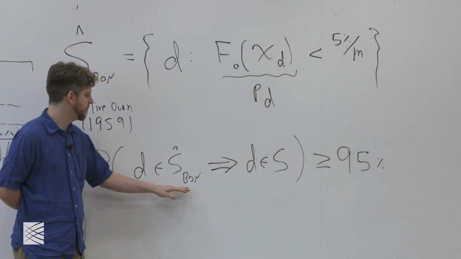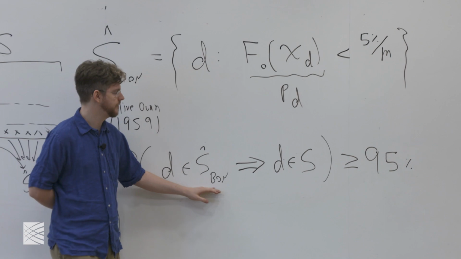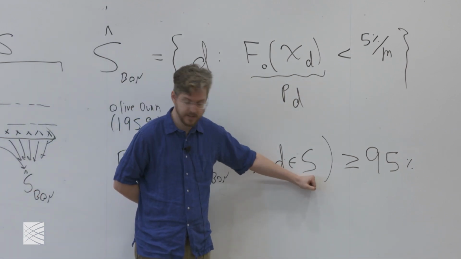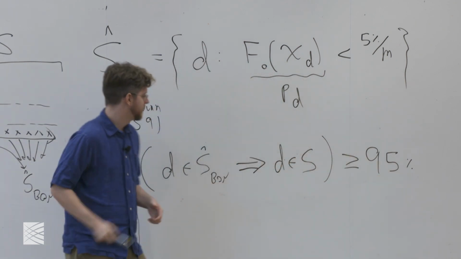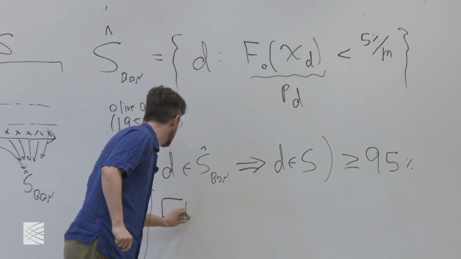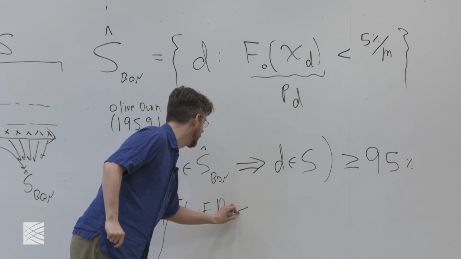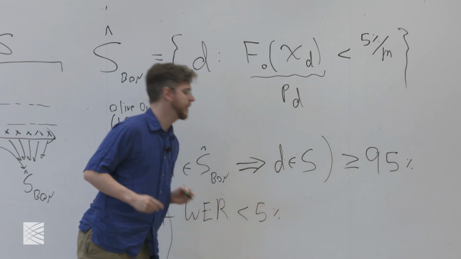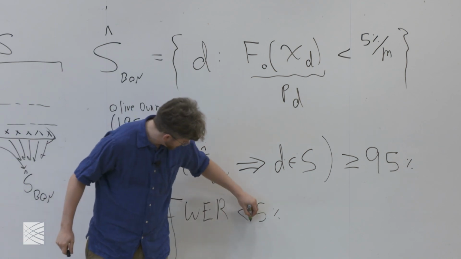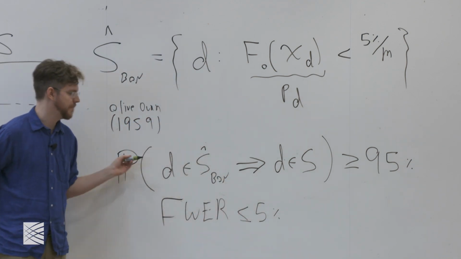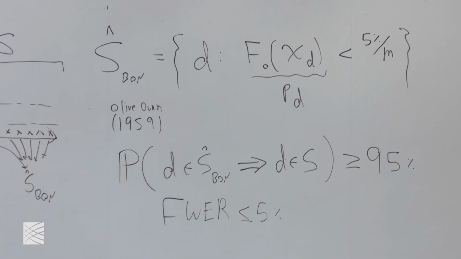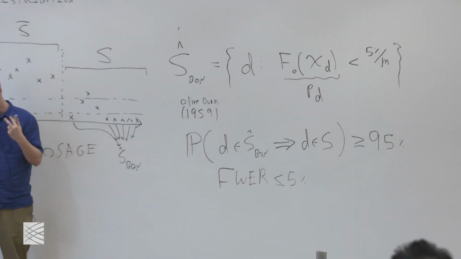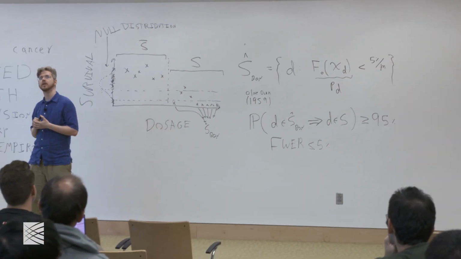If a dosage ends up in our estimator, then that dosage is in the true set of dosages where there's an effect 95% of the time. So we're controlling the family-wise error rate at the 5% level. These two are the same thing; this is just mathese for this. That's nice. We're controlling the type 1 error, and it does give us some dosages, and we're kind of happy.